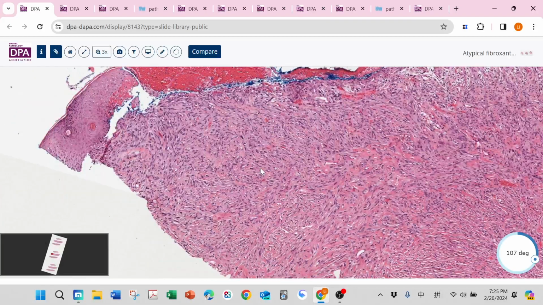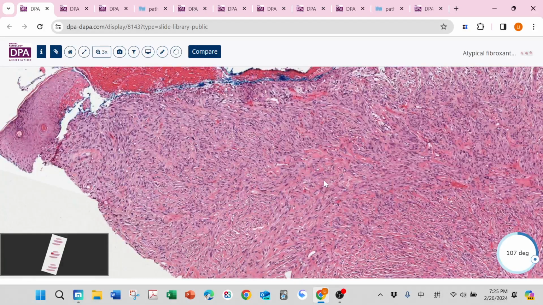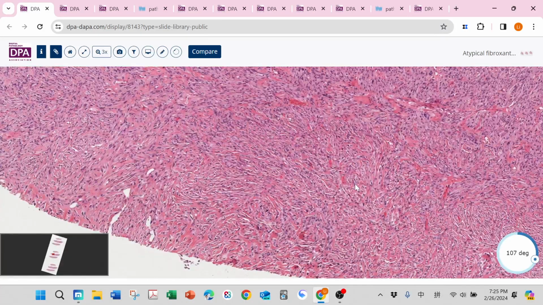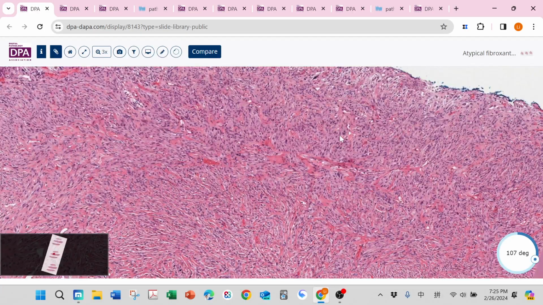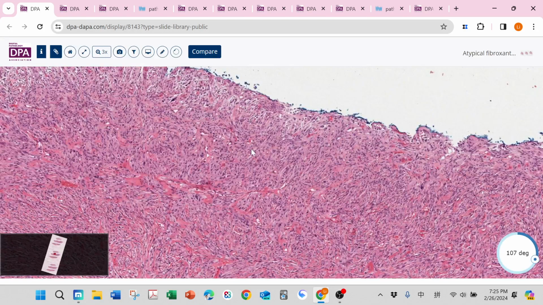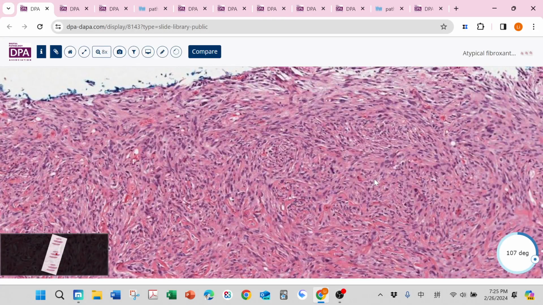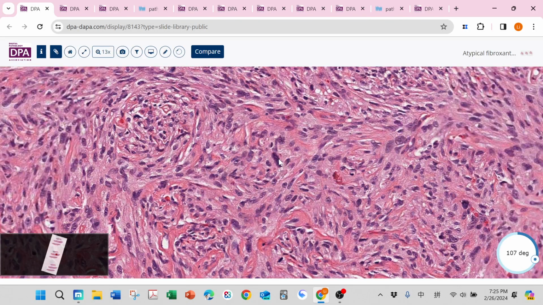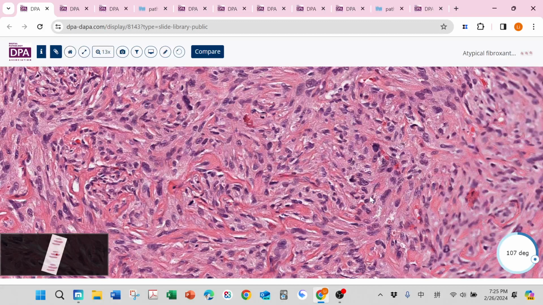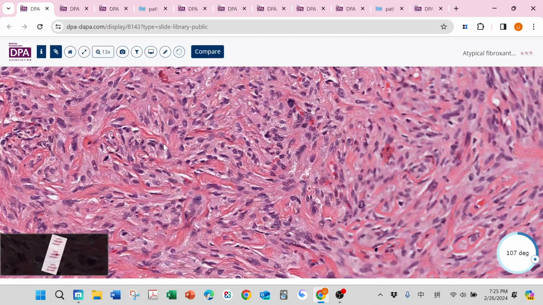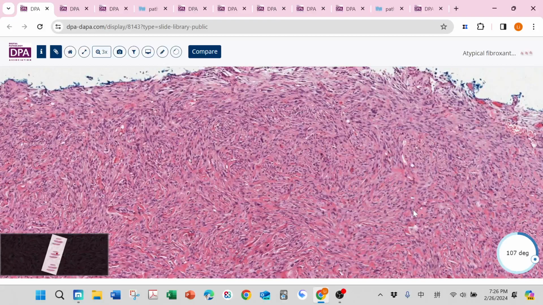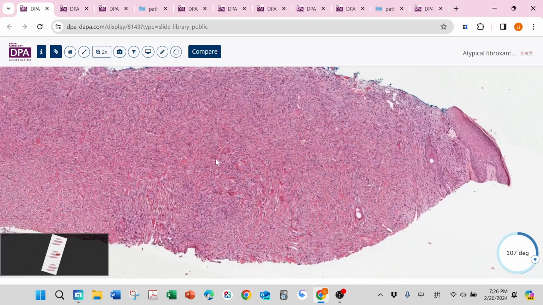Still, there is haphazard growth of spindle cells, without any glandular structure, just high-grade looking pleomorphic hyperchromatic cells. Just remember to do the immunostaining to rule out other malignancy. Then you can call AFX.